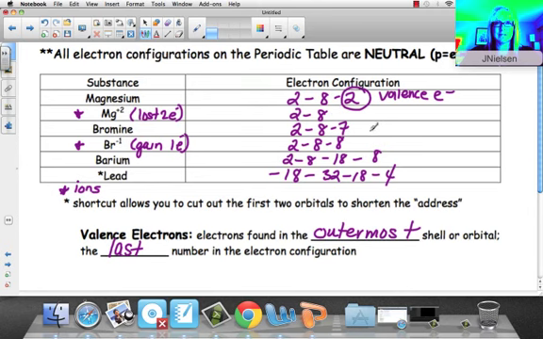And in order to be happy, stable, content, they want 8 in their outermost shell. If you look at all the noble gases in group 18, they all end in 8. That's why noble gases used to be considered inert, and they would never react with anything, because they were already happy, stable, content. They already had 8 in their outermost shell.